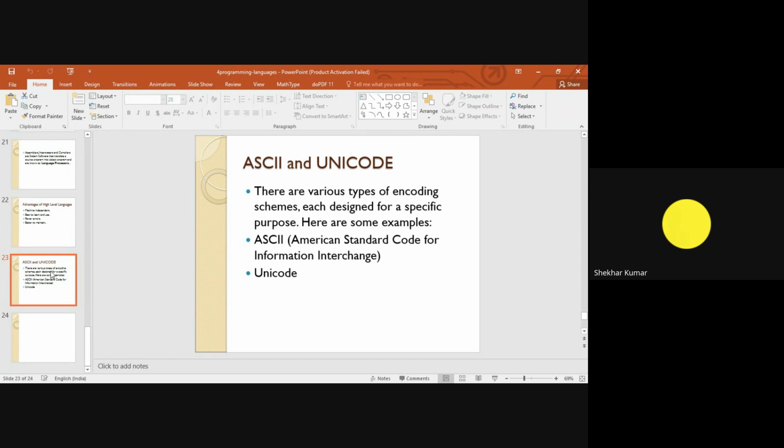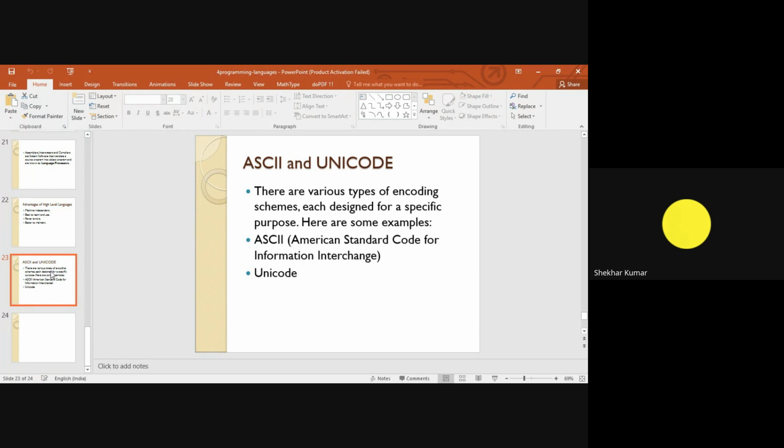Actually, the ASCII coding technique contains 8-bit data for representing, so a total of 256 symbols can be represented.